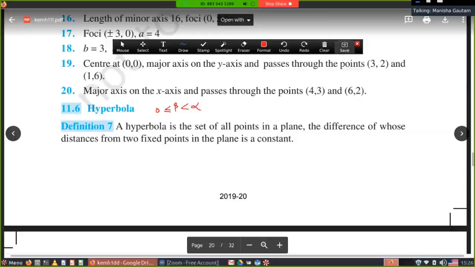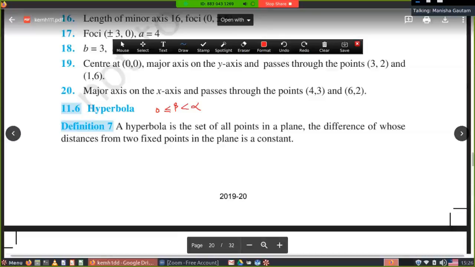Here one thing you must know about this curve. In previous curves, when a plane cuts the cone, only one cone is cut by the plane. But in the case of hyperbola, both of the cones are cut by the plane.